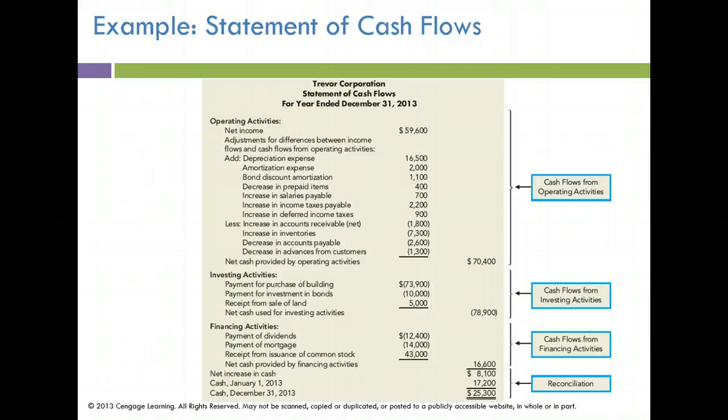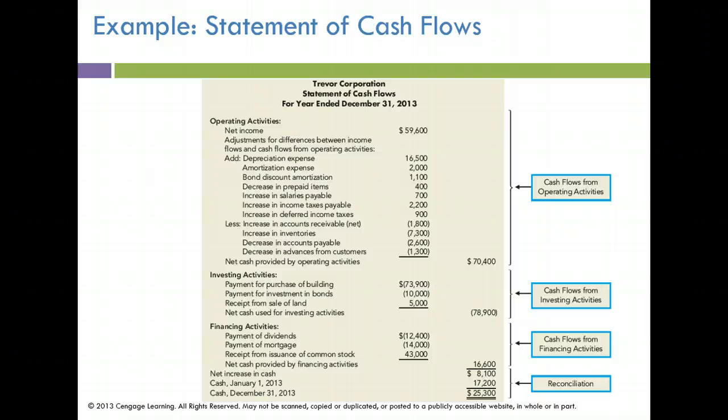We also are going to show adjustments on certain assets. Think of this. If we had prepaid supplies at the beginning of the year of $700, and then our prepaid supplies at the end of the year is $300. We started the year with more prepaid supplies than we ended the year with, okay?